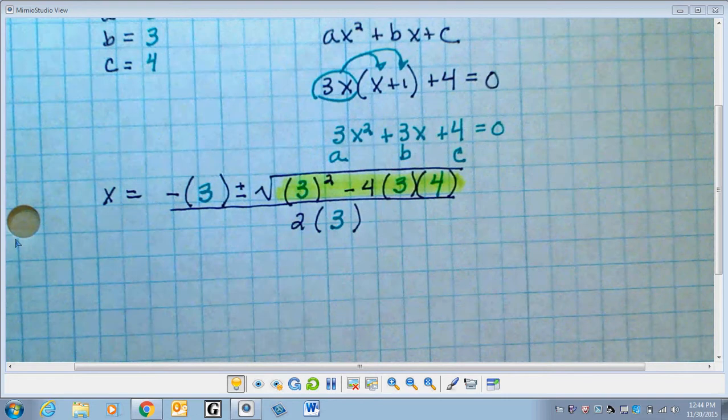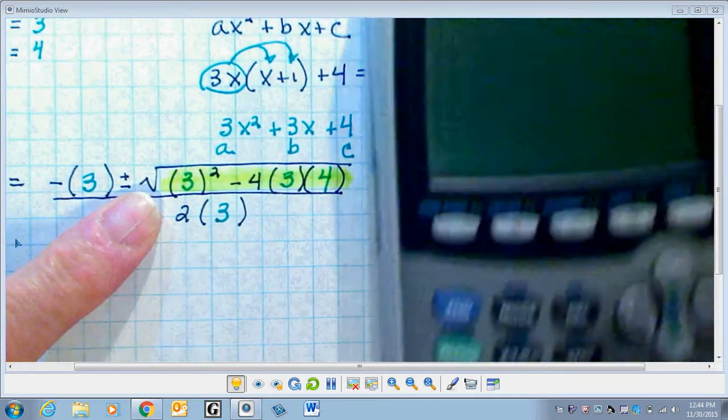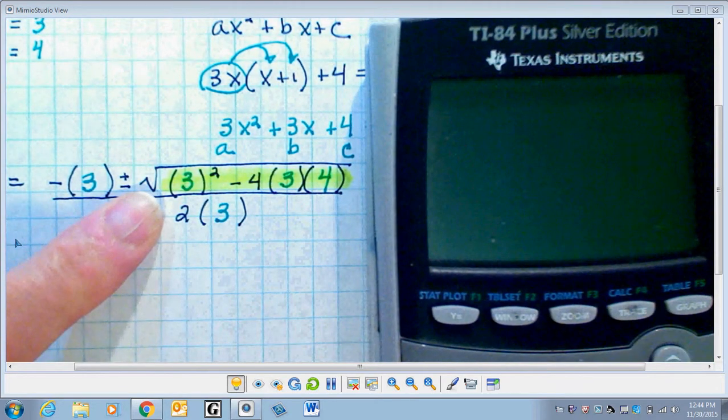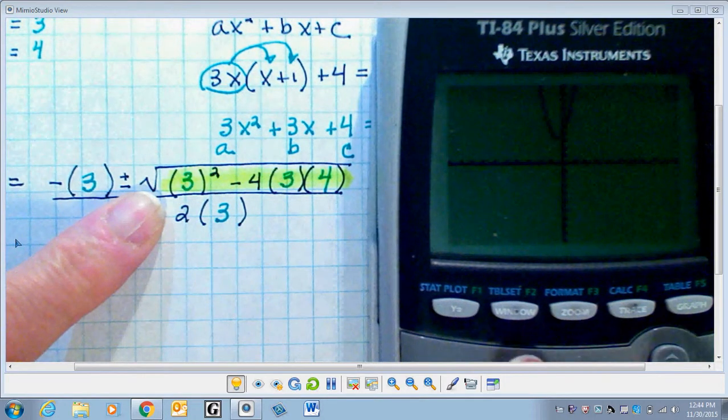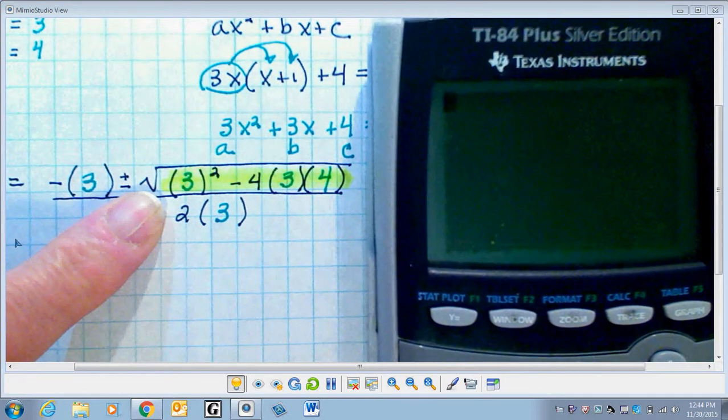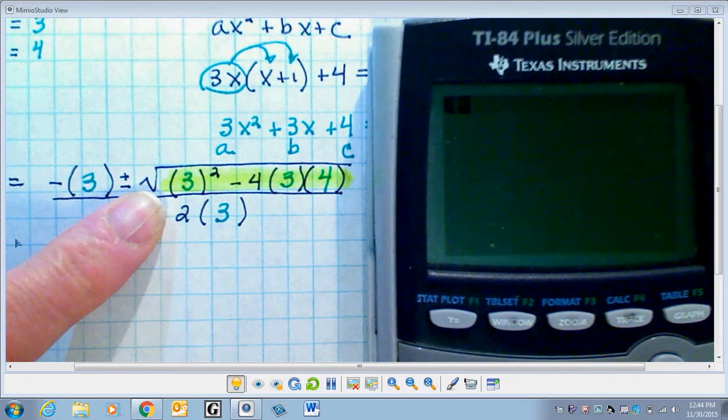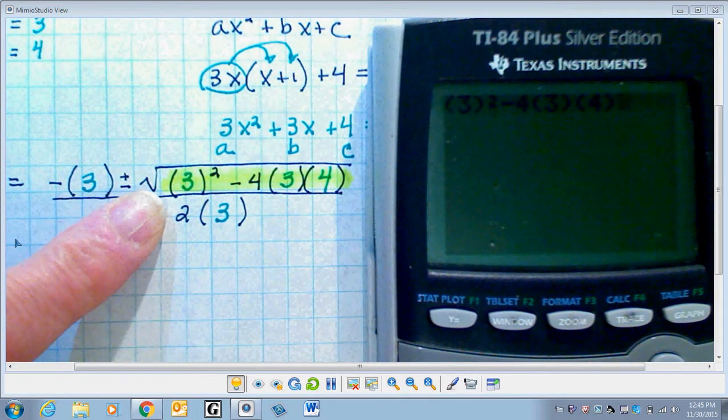I'm not going to take the radical, so I am not going to touch the square root button. So I'm going to go to my regular screen and put in parentheses 3 parentheses squared minus 4 parentheses 3 parentheses 4. Okay, just like that. That's called the discriminant, is actually what I'm doing right now.